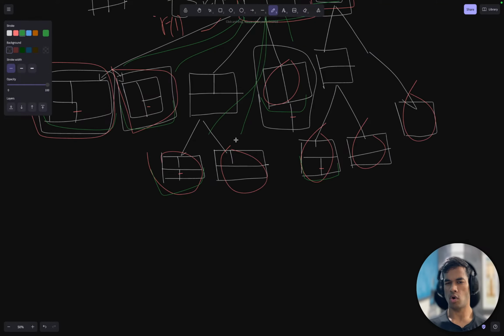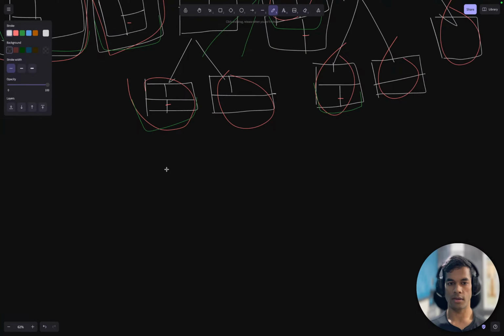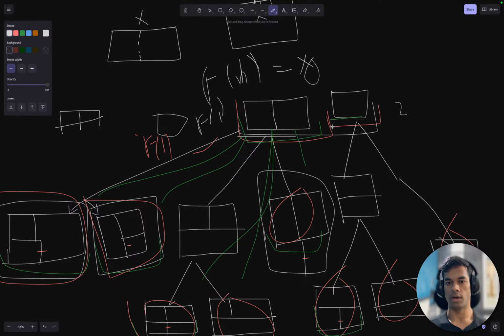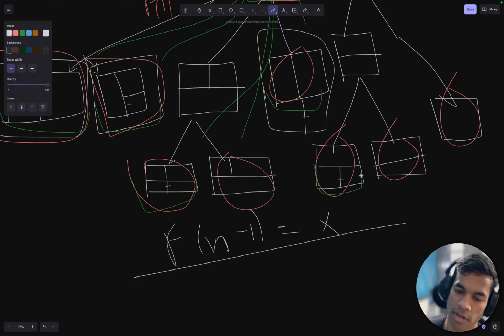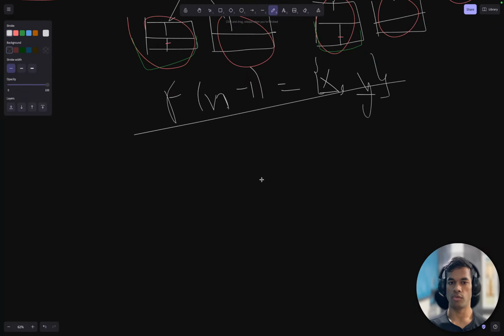So can I confidently say that when I have Fn minus 1 equals x, no, we cannot confidently say how the answers with vertical lines and no vertical lines are divided. So I guess we can return two things, x and y: the number of possibilities which have vertical lines and the number of possibilities which do not have a vertical line.